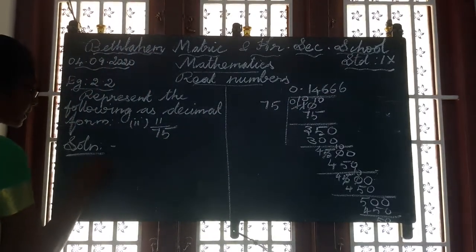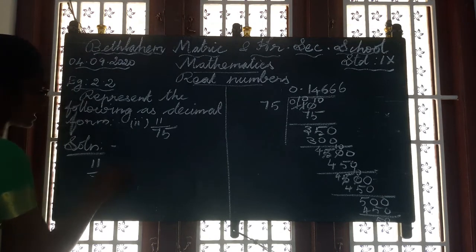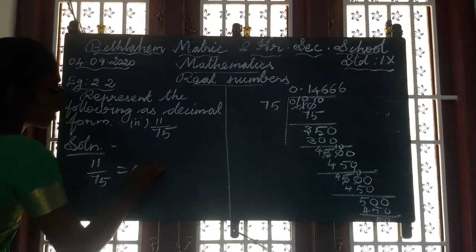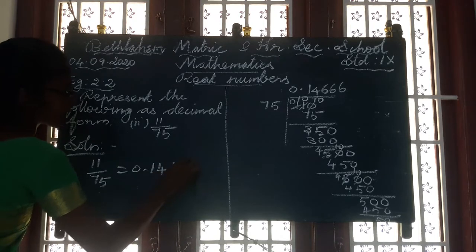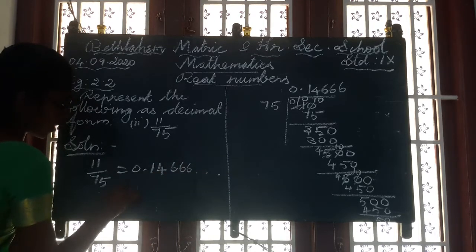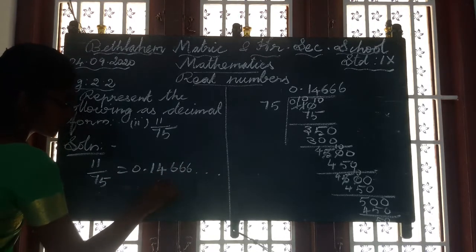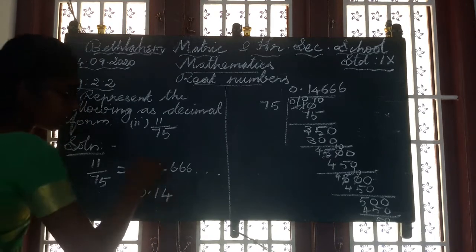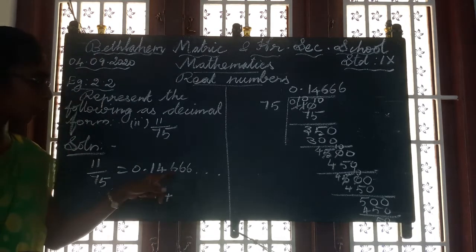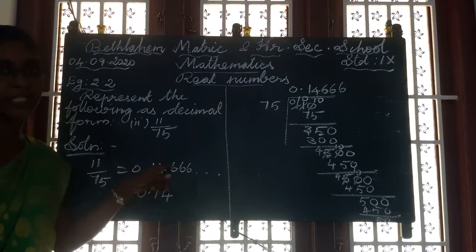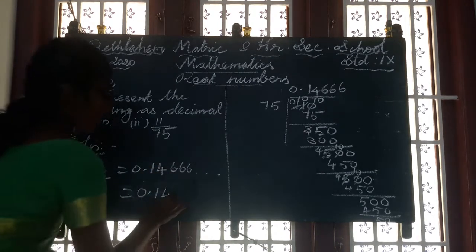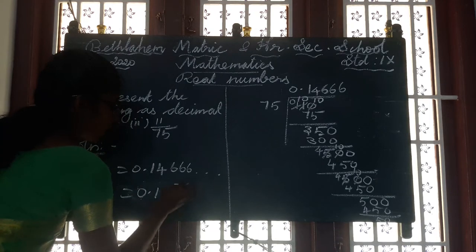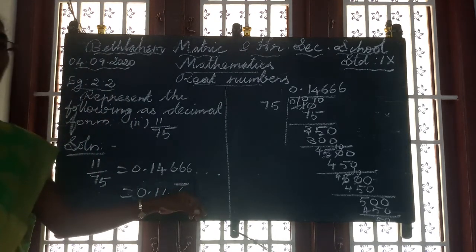So this 11 by 75 we can write as 0.1466 etc., or we can write 0.146 with a bar. Only the digit 6 is repeating again and again. The digits 1 and 4 are not repeating. Above the 6 only we have to write the bar.